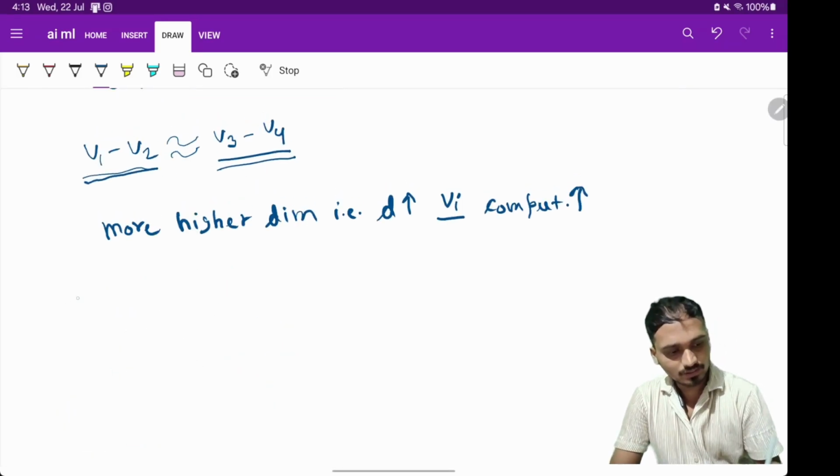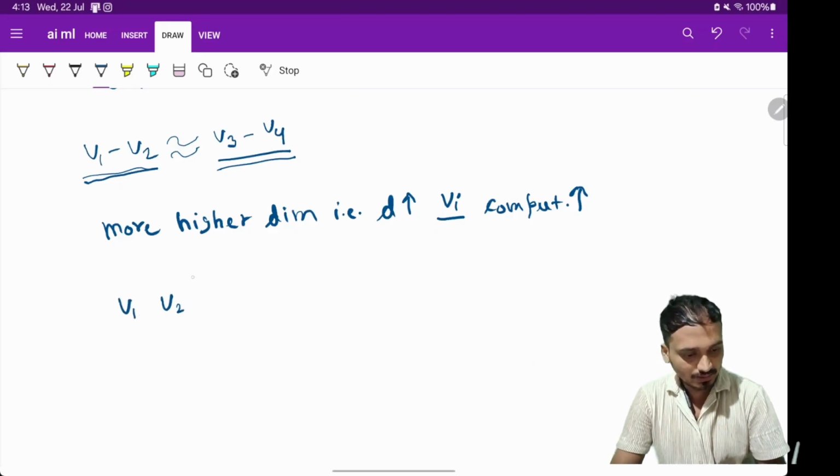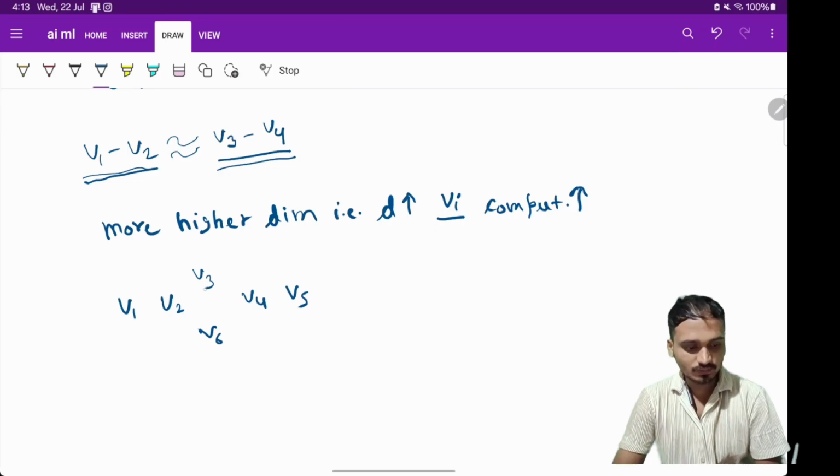Let's say we have V1, V2, V3, V4, V5, and V6. How does Word2Vector find the semantic meanings?